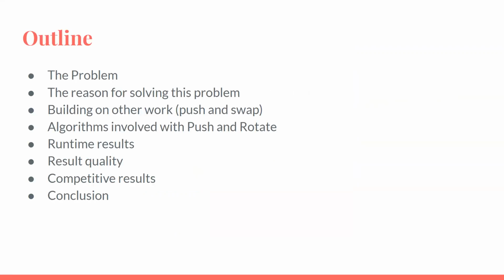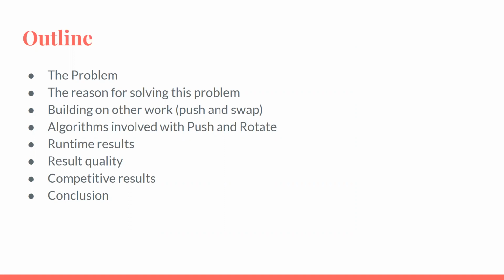A little outline for my presentation here. We'll go over the problem definition and the reason that this problem is worth solving and worth optimizing as we continue to improve upon it. We'll talk about the push and swap method, which is the algorithm on which push and rotate is actually based.